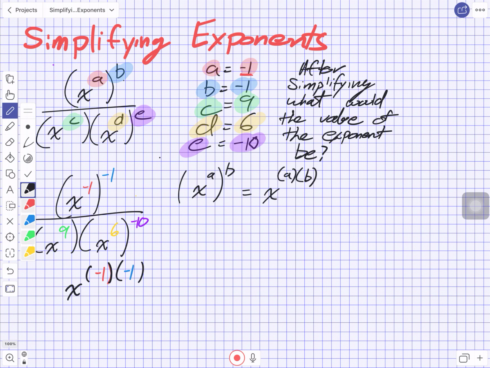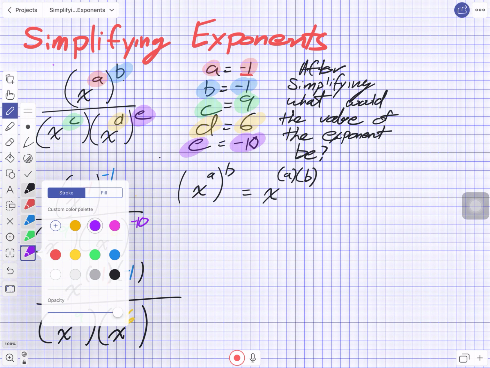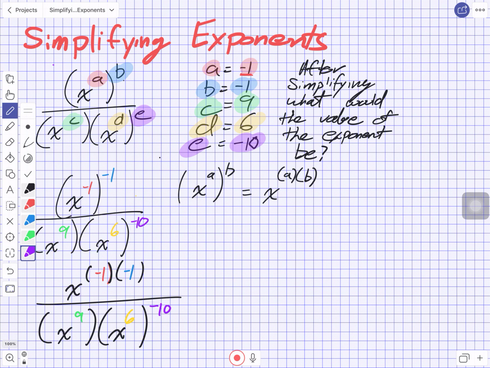I'll leave everything else the same, x to the power of 9, and then x to the power of 6, which is also to the power of -10. We're dealing with the very first part here. -1 times -1 is actually just +1. So x to the power of 1 is our numerator. That's all nice and simplified.